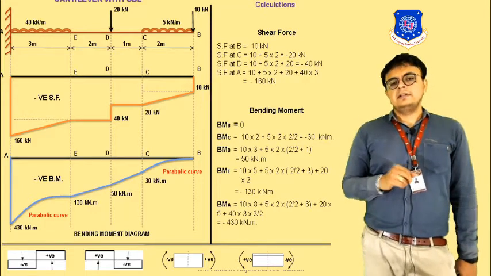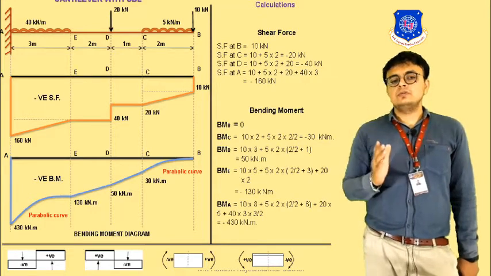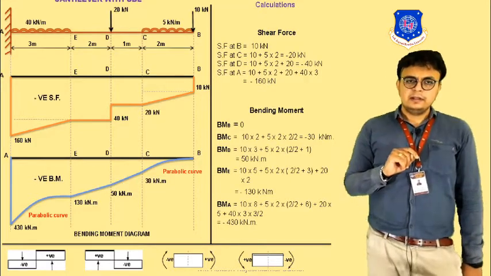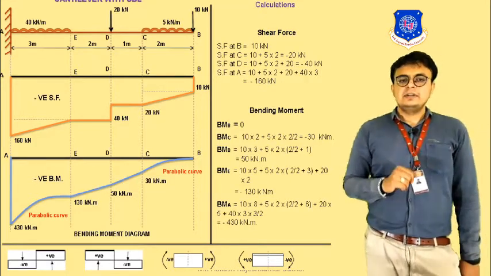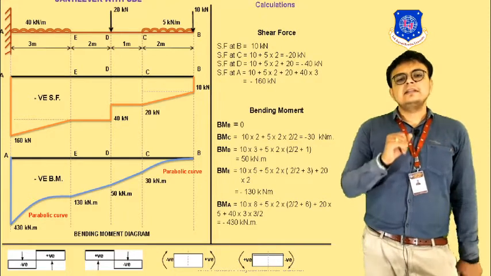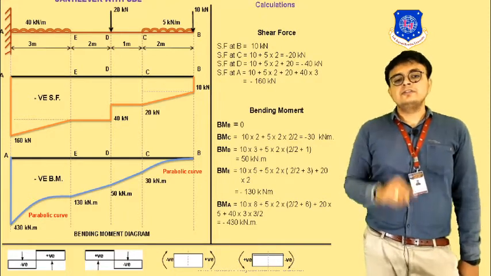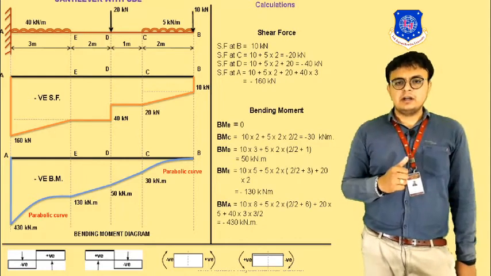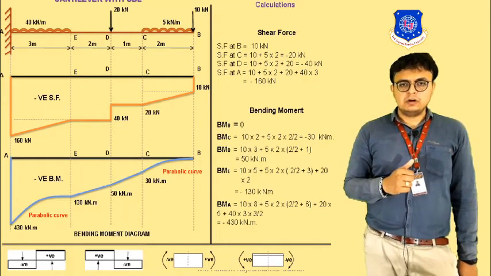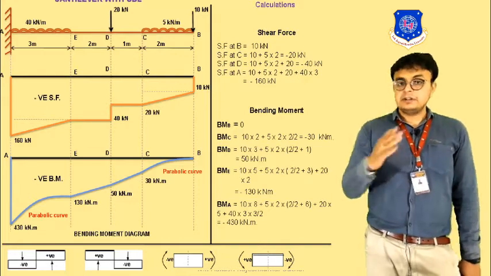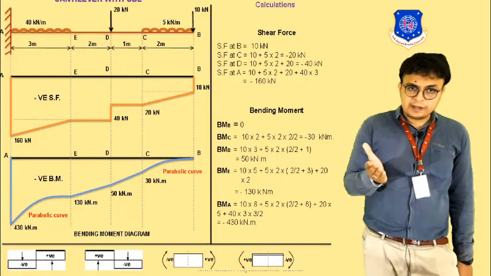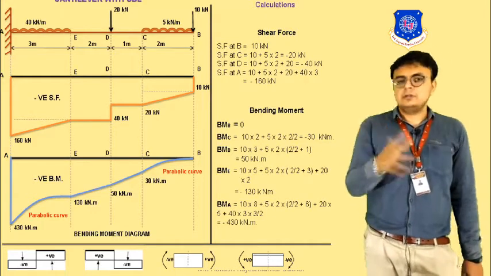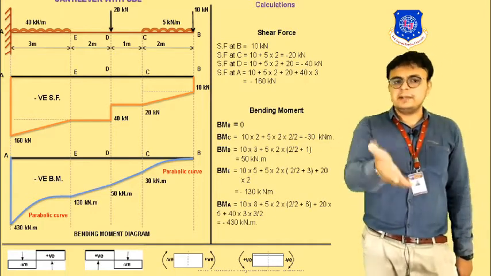After that, we have to move from point C to point D. Till C, we have got the shear force of 20 kilonewton. But moving towards point D, just to the left, there is nothing because there is no loading. So it will be the same.